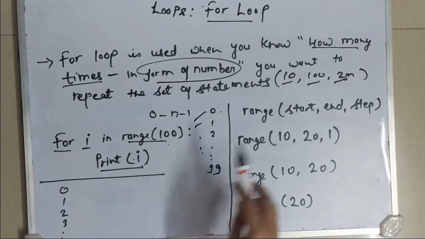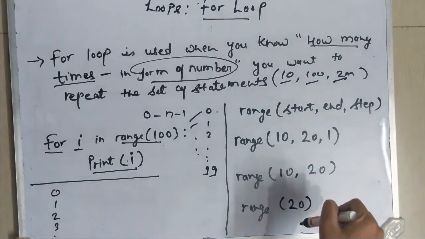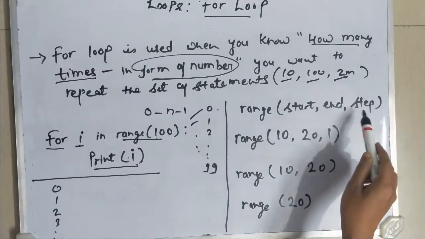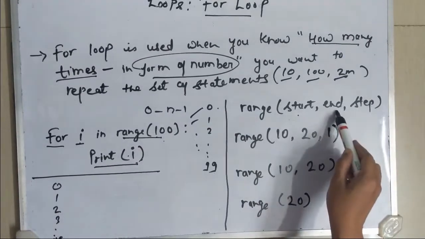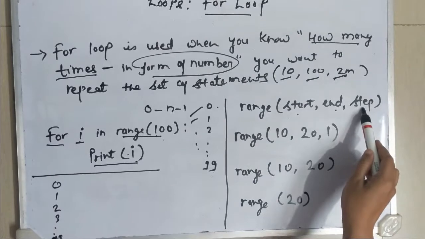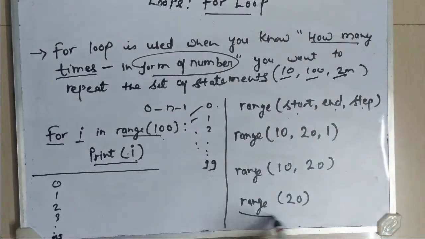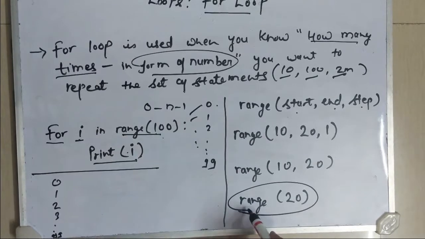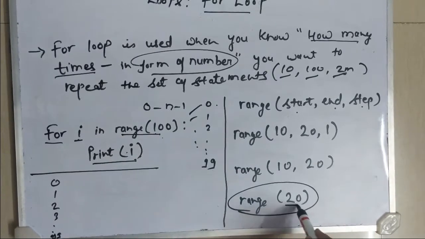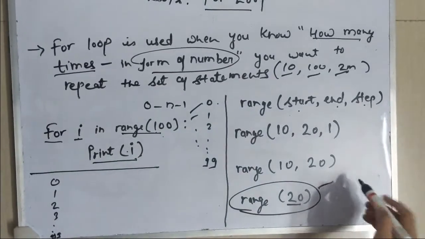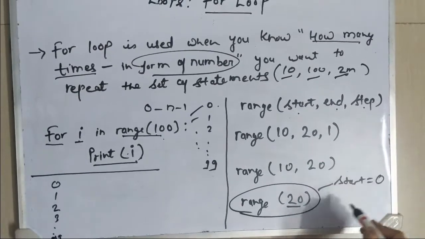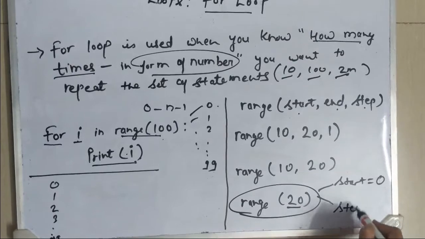Let us have a look at the range function. A range function typically has three parameters: start value, end value and step size. We have used it like range(100). When you write it with only one parameter, the start value is going to be 0 and the step size is going to be 1.